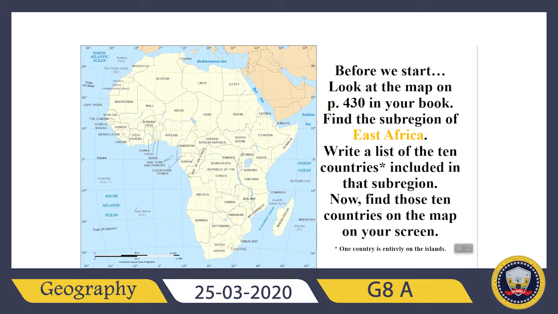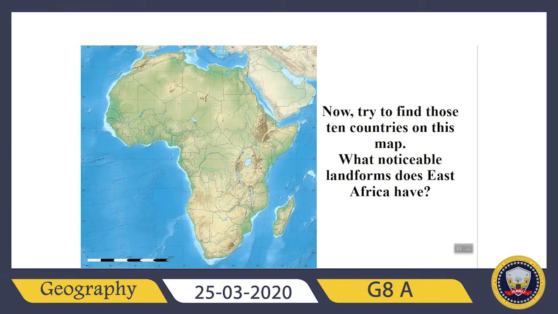Now let's make it a bit harder. Here is the same map, but without names of countries. Now try to find those 10 countries on this map as well, and also tell me what noticeable landforms you can see in East Africa.